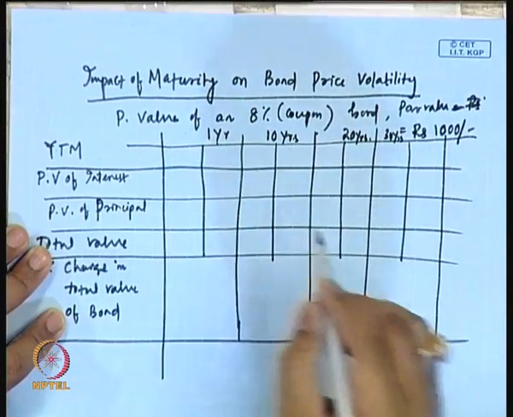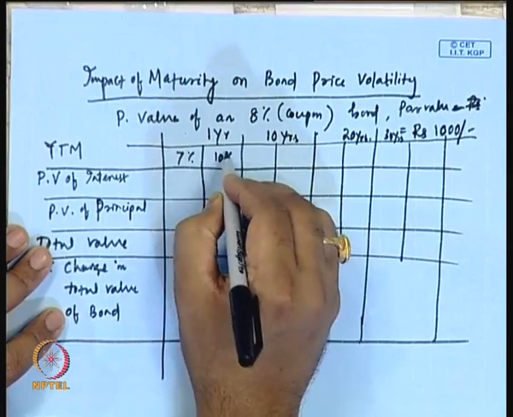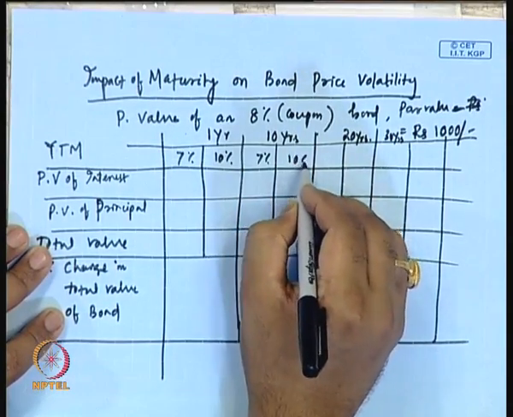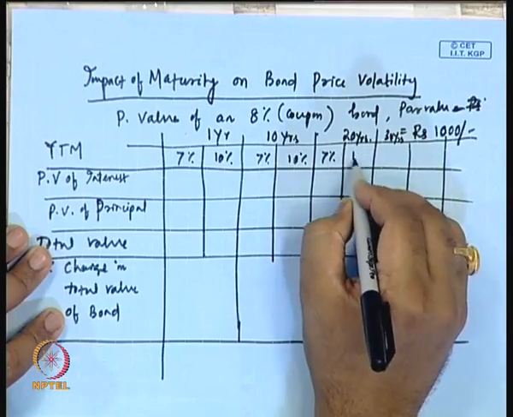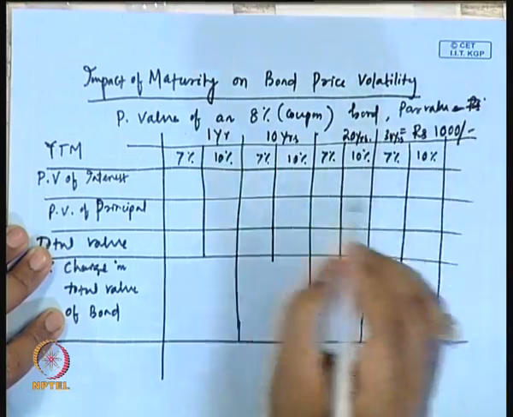Let the yield to maturity be 7%, 10%, 7%, 10%, 7%, 10%, 7% and 10%.